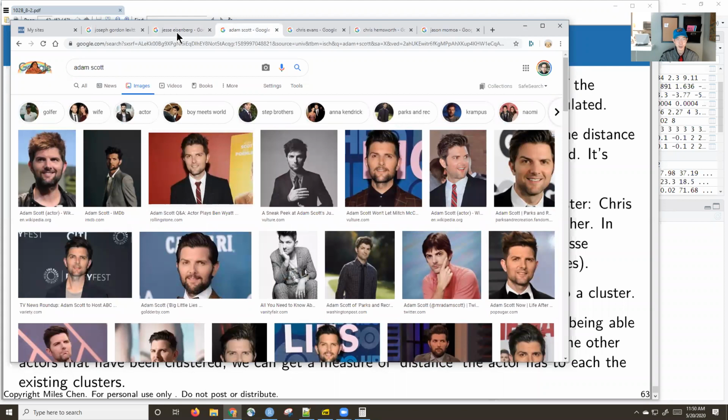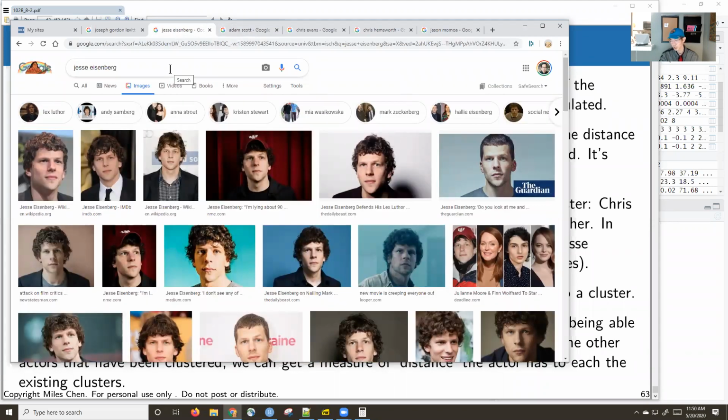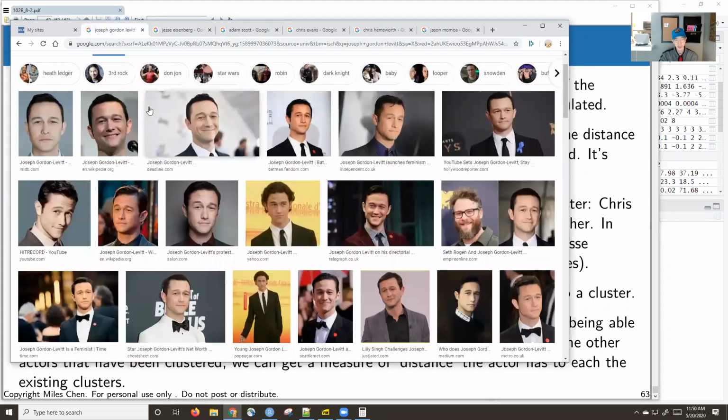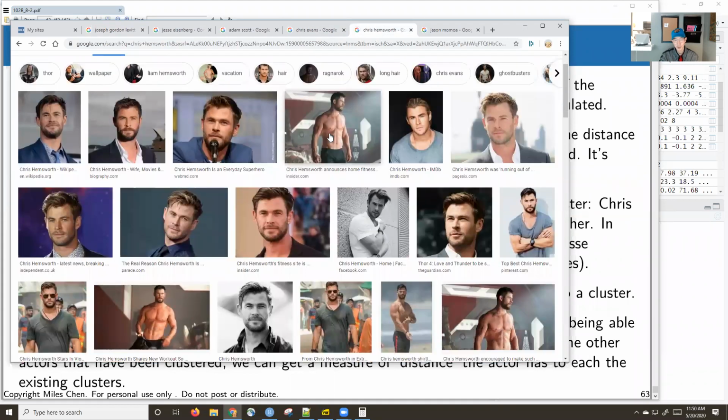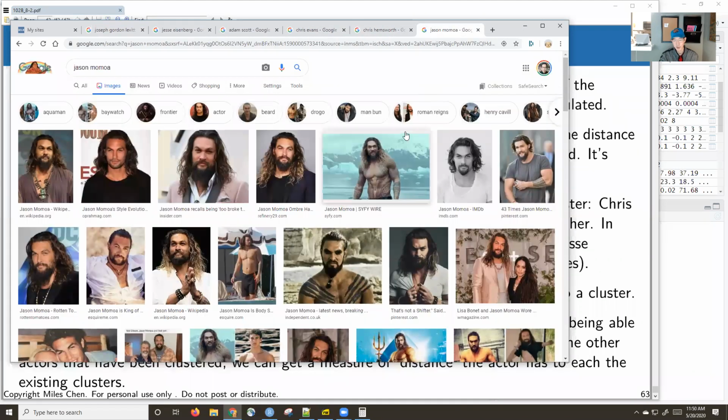Adam Scott's from Parks and Rec. Jesse Eisenberg was in The Social Network as Mark Zuckerberg. And Joseph Gordon-Levitt was in 500 Days of Summer, Inception, a few different movies. And then Chris Evans, he's Captain America. Chris Hemsworth is Thor. Jason Momoa is Aquaman and Khal Drogo.